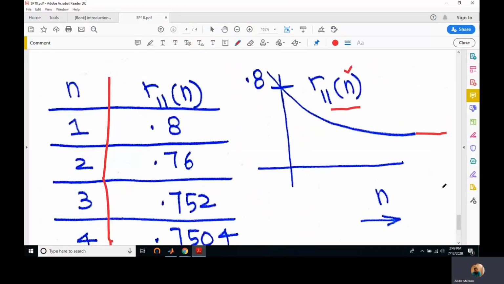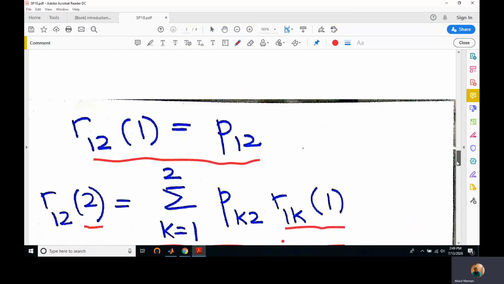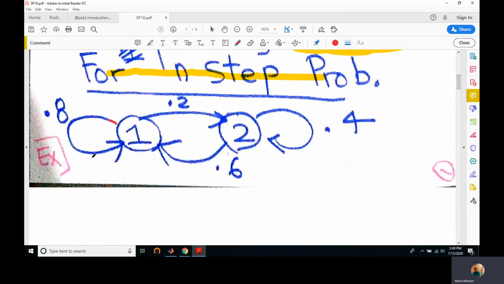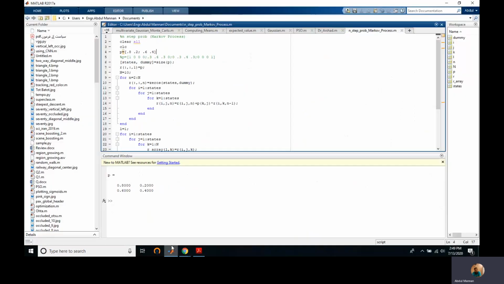Why was it written to be 0.8, 0.2? Because from this chain we write P11 is 0.8, P12 is 0.2, P21 is 0.6, P22 is 0.4. So we have written this matrix computed from the state transition graph of a Markov chain.